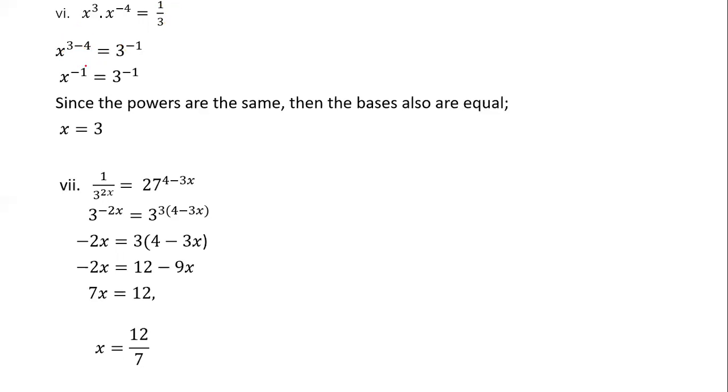Now, we have x power negative 1 equal to 3 power negative 1. Now, since the powers are equal, then the bases must also be equal. Hence, x equal to 3.